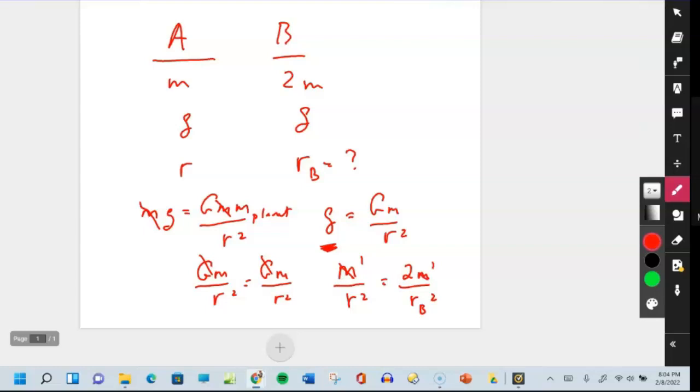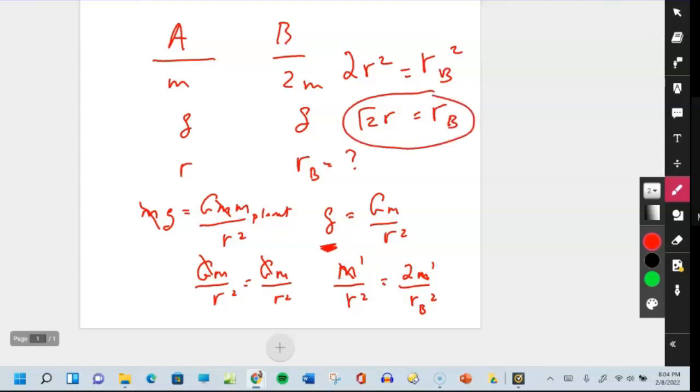So now I have to cross multiply: 2R squared equals RB squared. And what do I do to find RB? Take the square root of both sides. Radical 2 R equals RB, and the square root of 2 is 1.41.